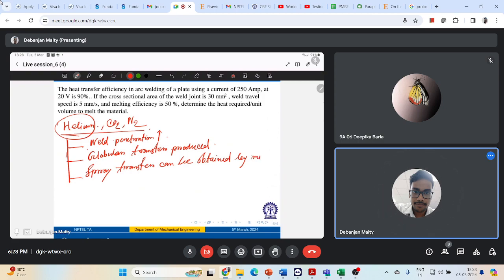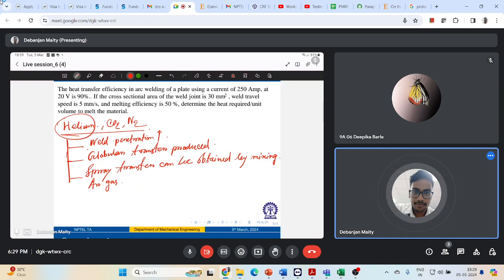by mixing argon gas. If you mix argon with helium, you can change your deposition rate and the size of your droplets. Then if you are using carbon dioxide or nitrogen, they also do not produce spray transfer.